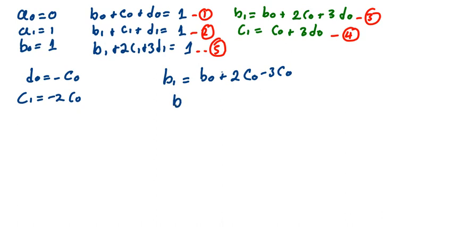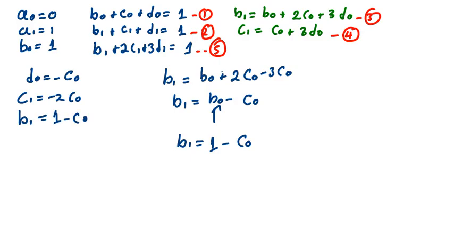So our b sub 1 is equals to b naught minus c naught there. And I know what my b naught is. B naught is equals to a 1. We already have it here. So simply means my b sub 1 is equals to 1 minus c naught. B sub 1 is equals to 1 minus c naught.